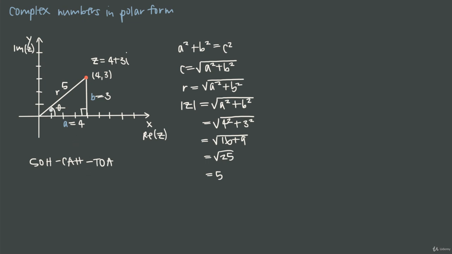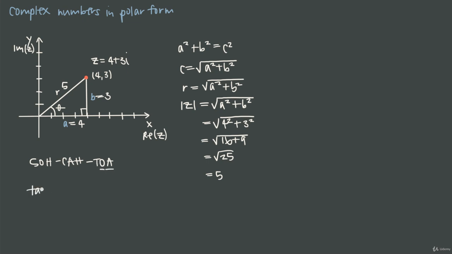If this is the angle theta here, we already know the length of the opposite side, that's b, and we already know the length of the adjacent side, that's a. So since we have opposite and adjacent coming directly from the complex number 4 plus 3i, we want to go ahead and use tangent.